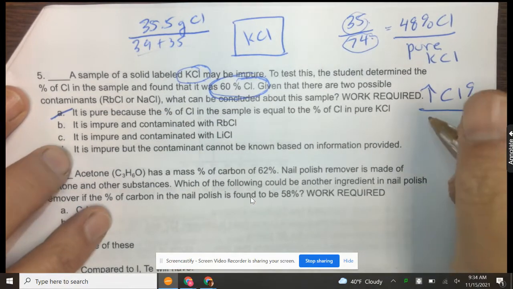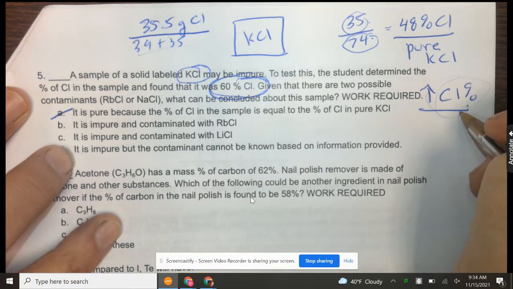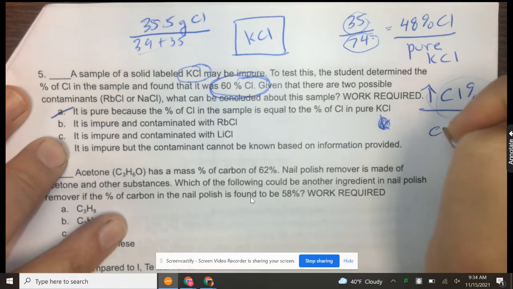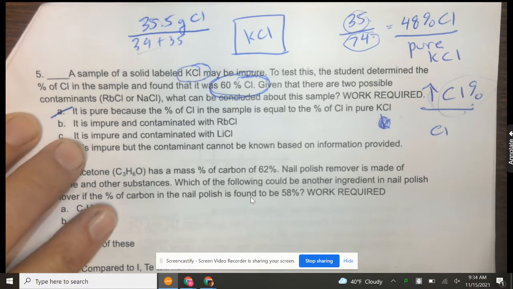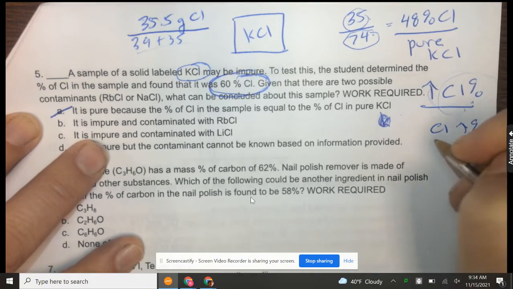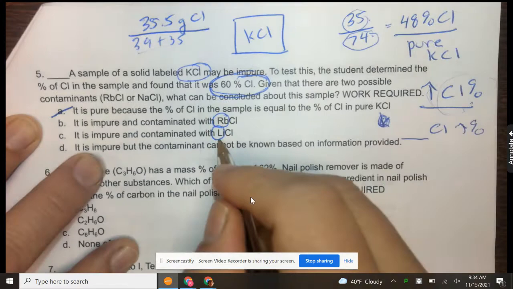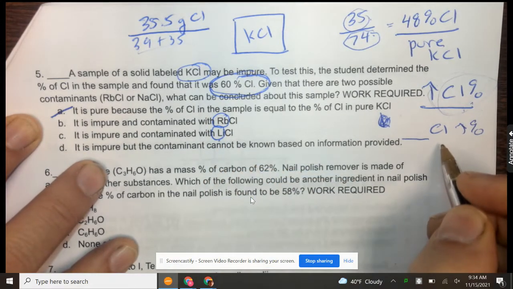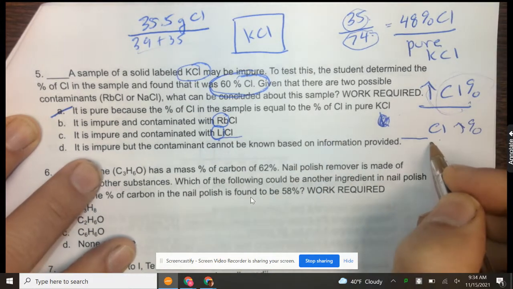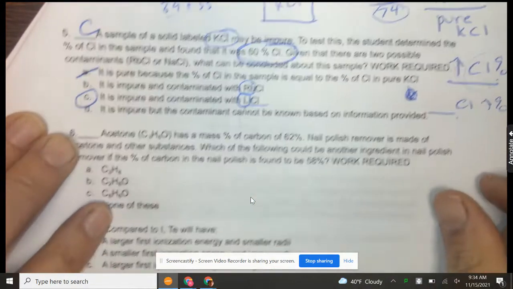It's going to have to be mixed with something that's going to have a higher percentage of chlorine than KCl would have, which means you're going to want the chlorine attached to something that has a very small mass, because that will give you a high percentage of chlorine. Between rubidium and lithium, lithium has the much smaller mass, which means this compound would have a much higher percentage of chlorine, and therefore it is a good idea as to what might be mixed with it.